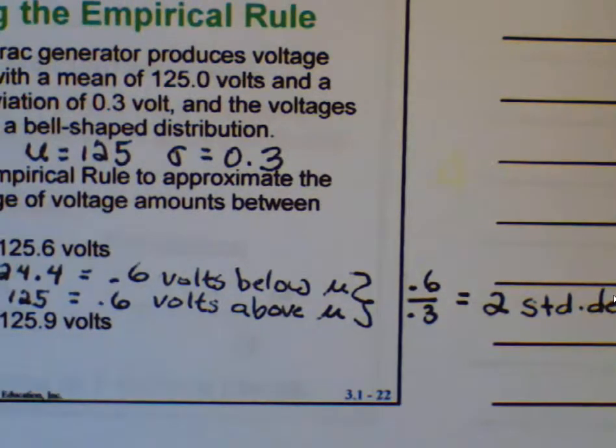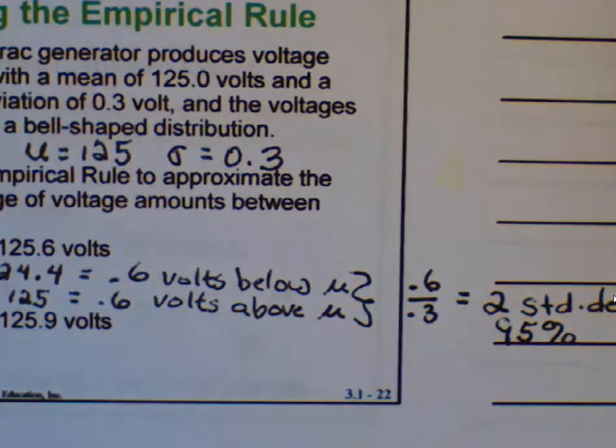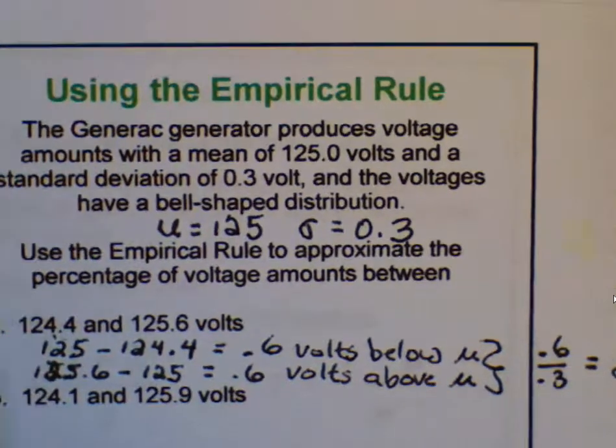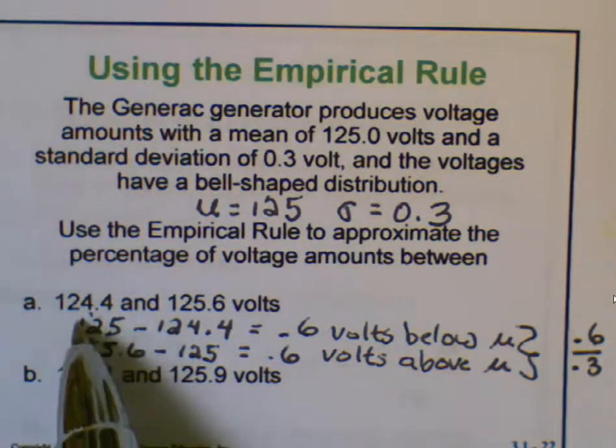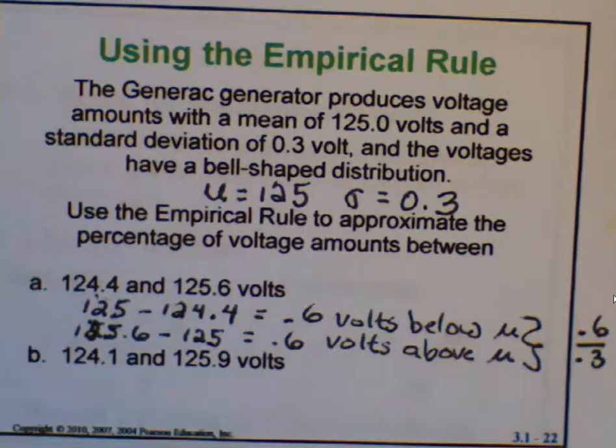And then looking back at the empirical rule, what percent of the population lies within 2 standard deviations of the mean? The empirical rule says 95% lie within 2 standard deviations of the mean. So 95% of Generac generators have voltage amounts between 124.4 and 125.6.